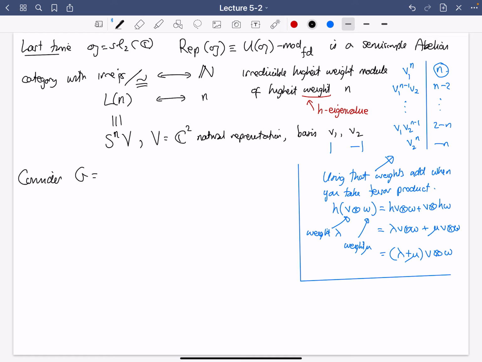the group G, the group SL2 of C. So, of course, that natural representation V of the Lie algebra lifts to a representation of the group.